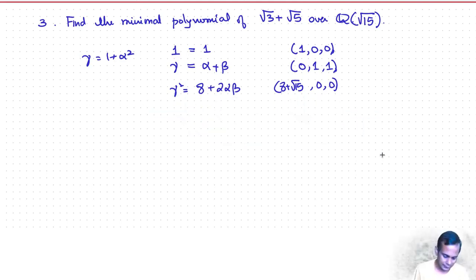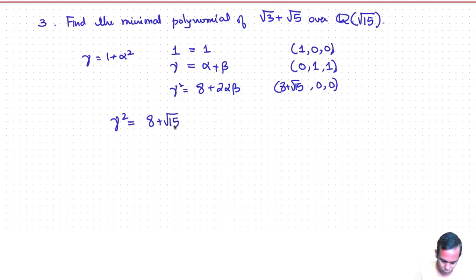And so what we get is gamma squared. Since we are working over Q root 15, we get gamma squared is 8 plus root 15.